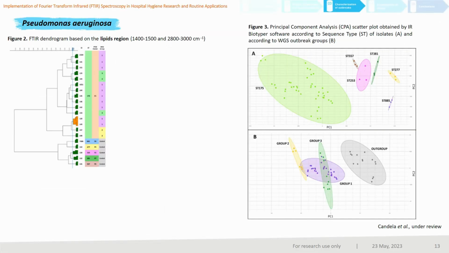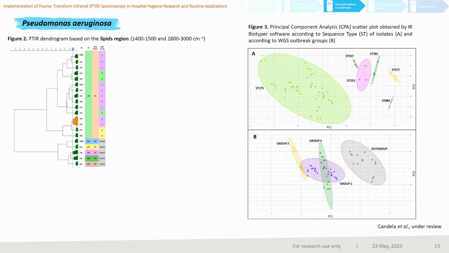We can also visualize a similar representation using a PCA, also in the same lipids region. In this case as well, the clusters were clearly differentiated. If we try to differentiate the subgroups observed by whole genome sequencing, they were not clearly distinguishable by FTIR spectroscopy.